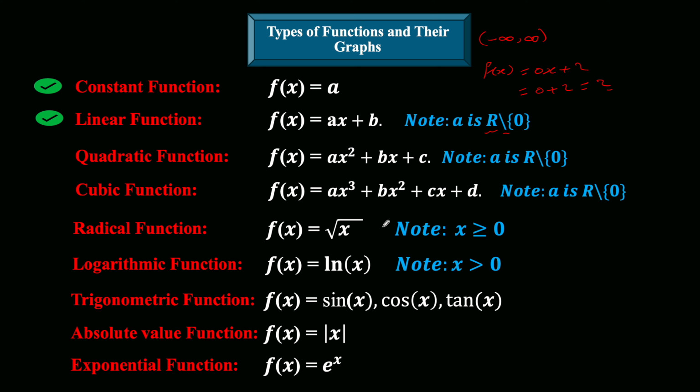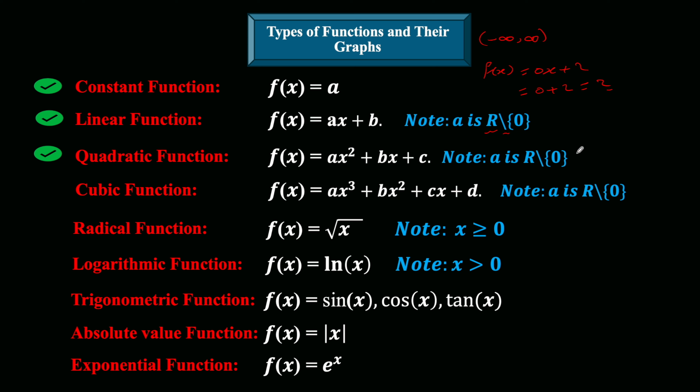The third type is the quadratic function, which is given by f of x is equal to ax squared plus bx plus c. Note that again, for the same reason, a is in R except 0, meaning a can be any number except 0. But keep in mind, b and c can be 0.